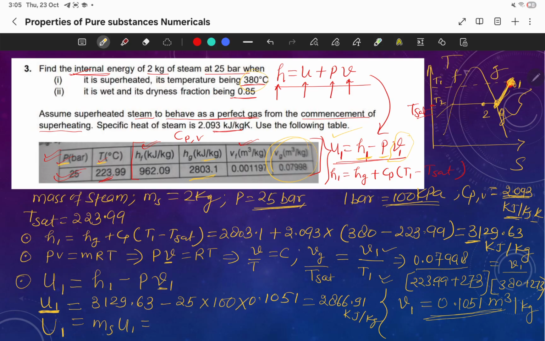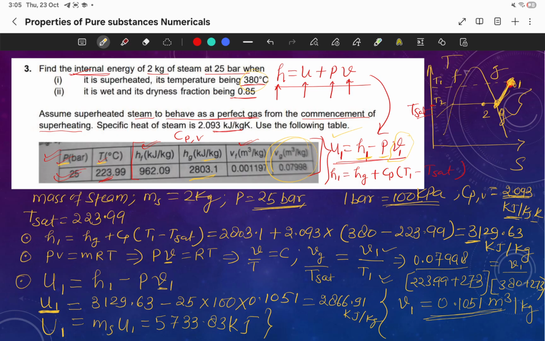Just multiply it by 2, we will get 5733.83 kilojoule. This is the internal energy at point 1. Okay, now let's try to find out the internal energy at point 2.